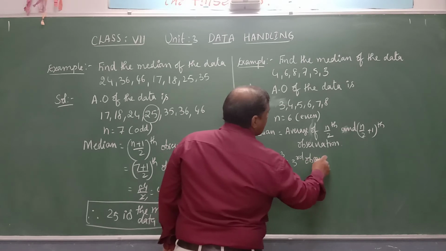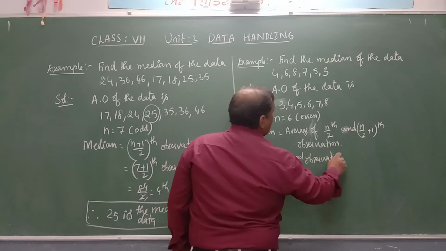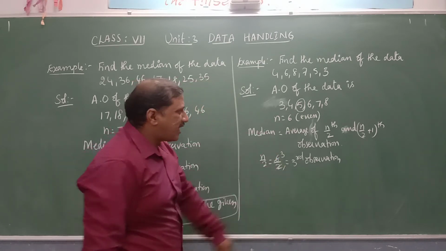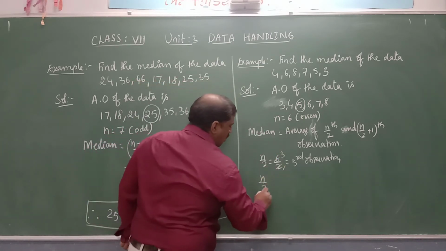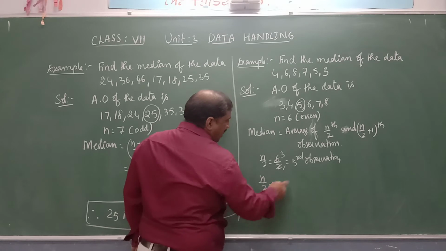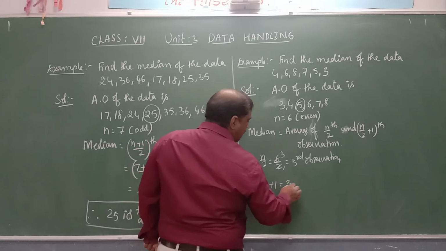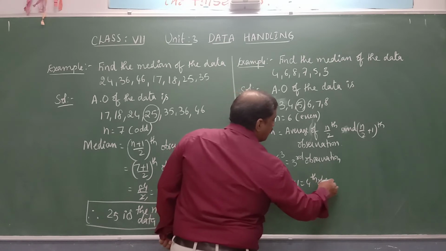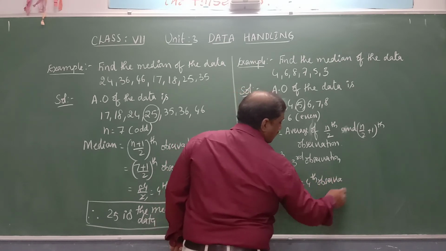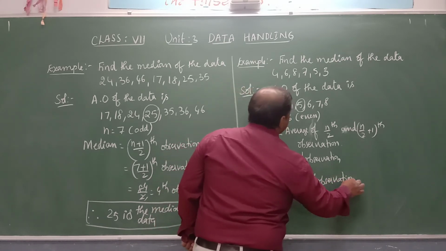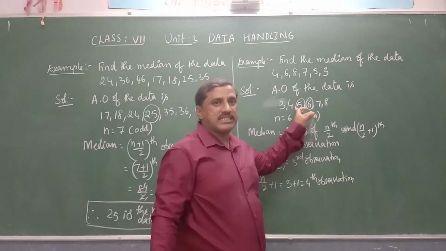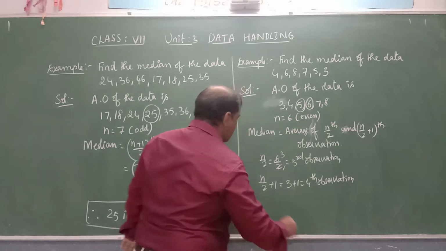Which is the 3rd observation here? It is 5. Then n by 2 plus 1: 3 plus 1 is the fourth observation. Which is the fourth observation? It is 6.